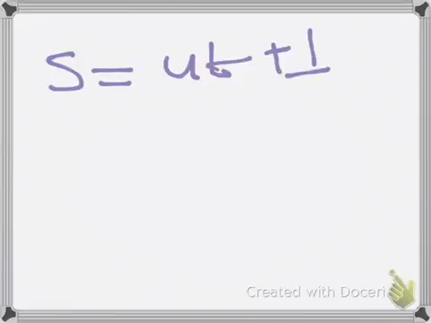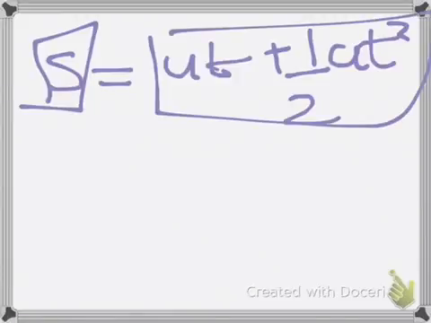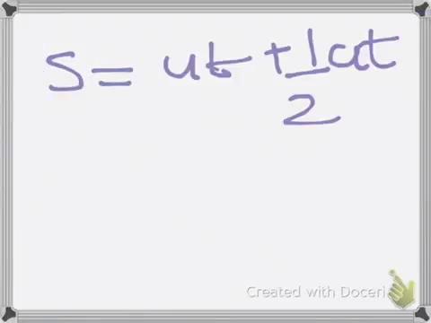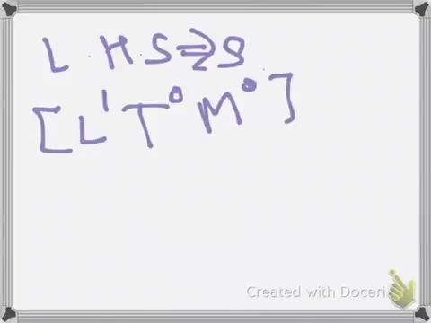So let us say we have this thing which is written as this. This is a kinematic equation. So now let us write its dimensions, dimensions of the LHS and those of the RHS. So on the LHS we have S, which is L1 T0 M0.